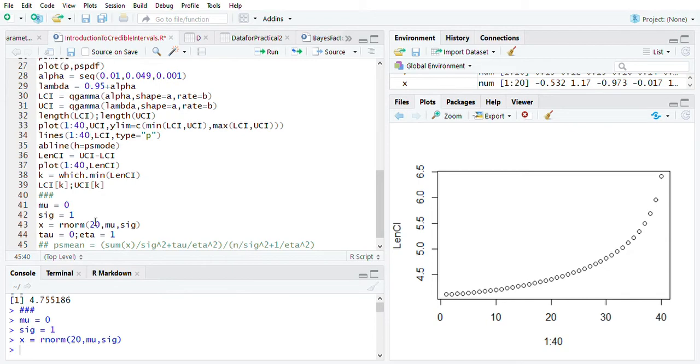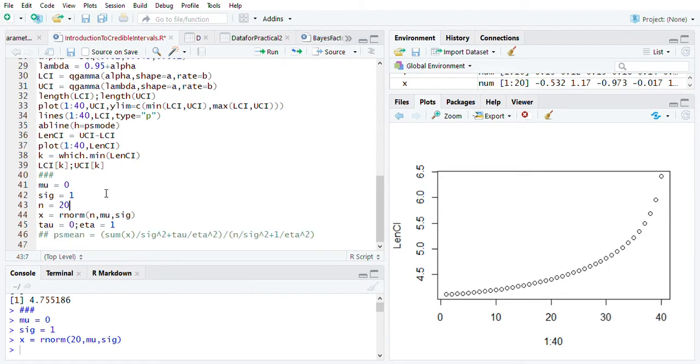So n will be 20 here. So let us specify the parameter also. So n is equal to 20. So this will be the posterior mean.